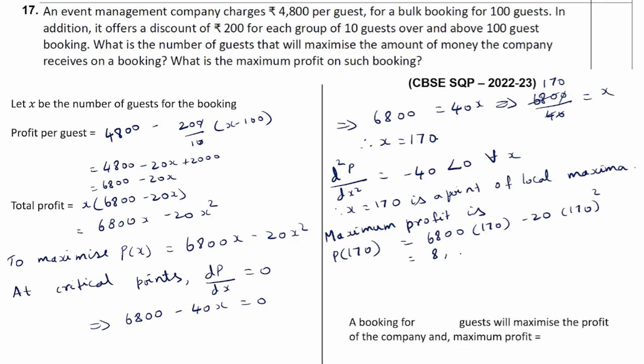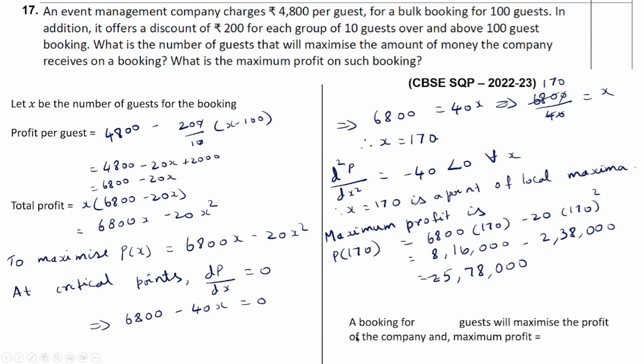So this is 8,16,000 minus 170 square into 20, which is 2,38,000. So when we simplify, we get 5,78,000. So this is the maximum profit.